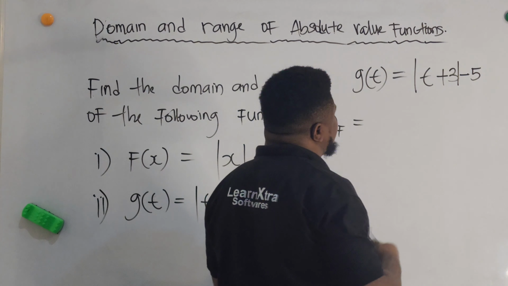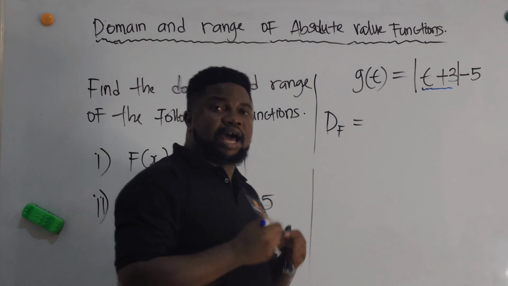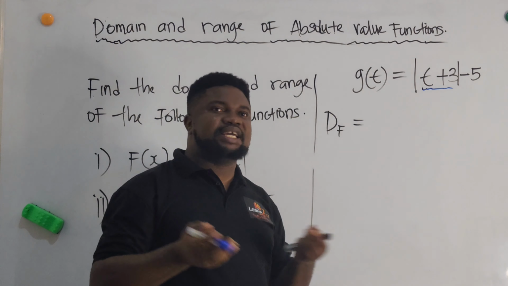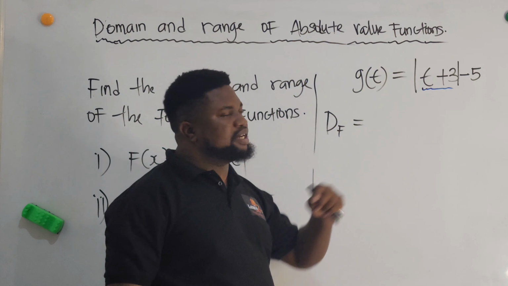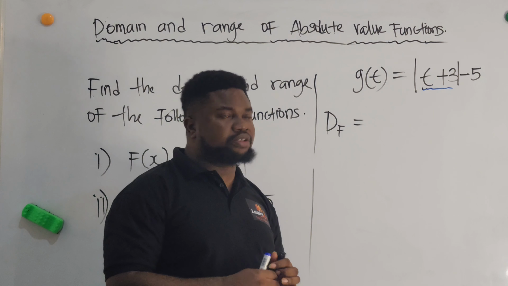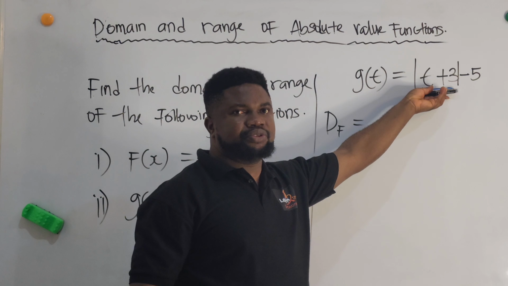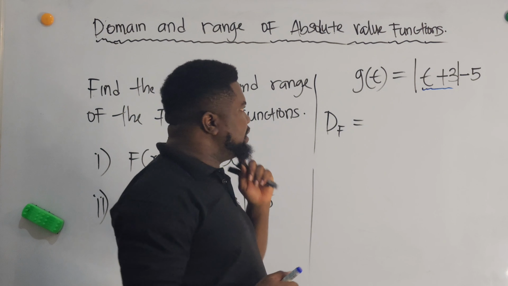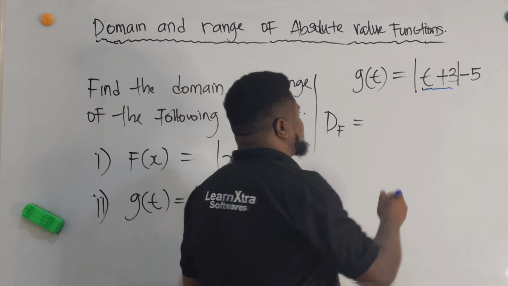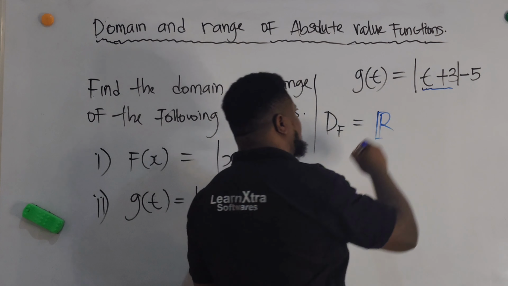So what do you think can enter here as t? I think that everything or anything can go in there as t, and we shall have an answer, because here it's just a simple polynomial function which works everywhere. Therefore, my domain is all real numbers.